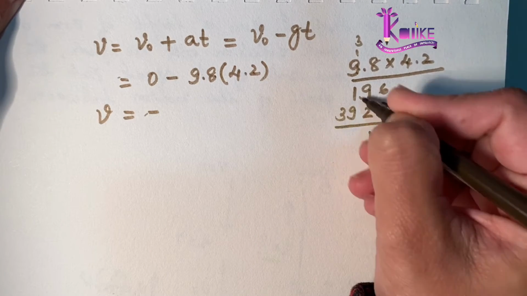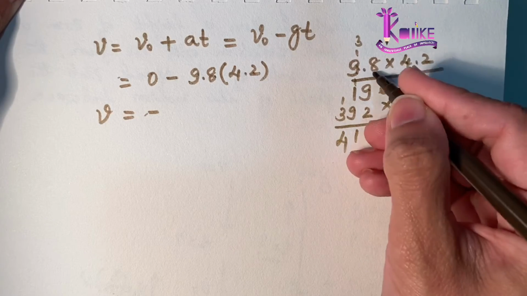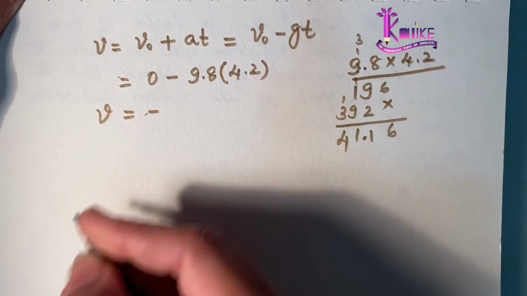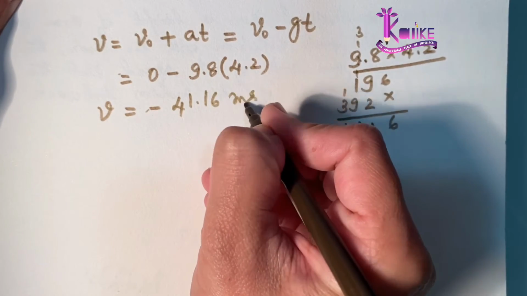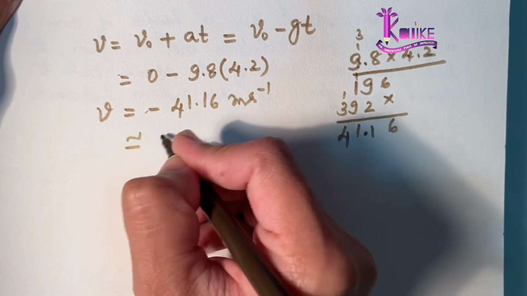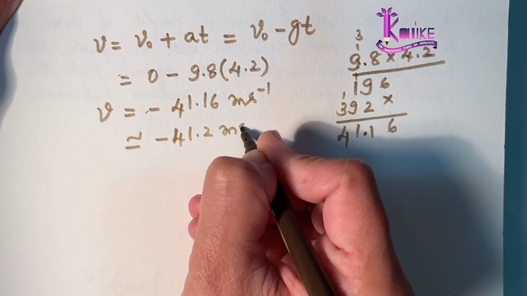So it will be 1 1 1 4. So you have to keep a decimal after 2 digits. So it is approximately 41.16 meter per second, or approximately minus 41.2 meter per second.